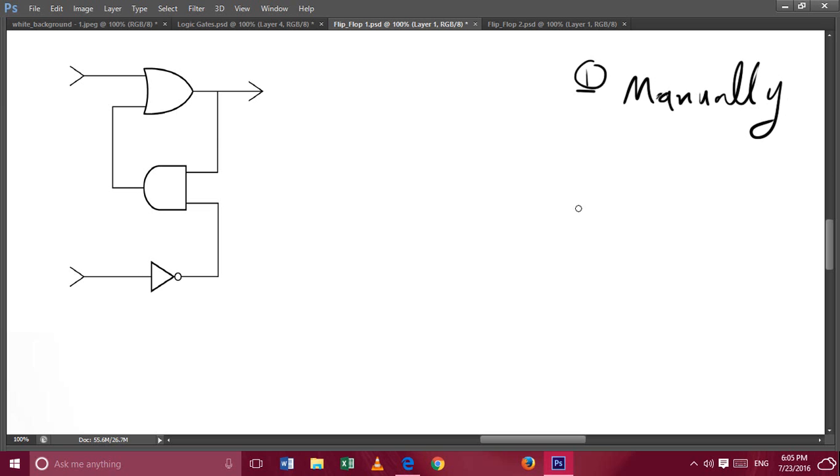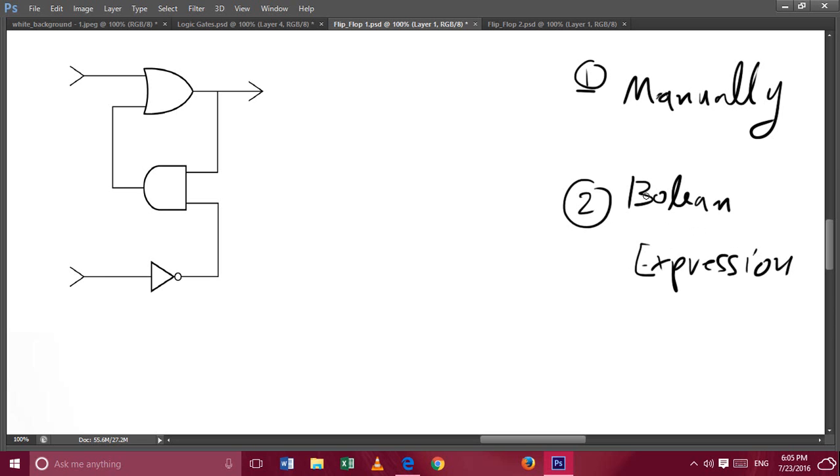Or we can use Boolean expressions. So these are the two ways that we will use to solve any circuit, okay? Using Boolean expressions or Boolean algebraic expressions, or doing it manually.